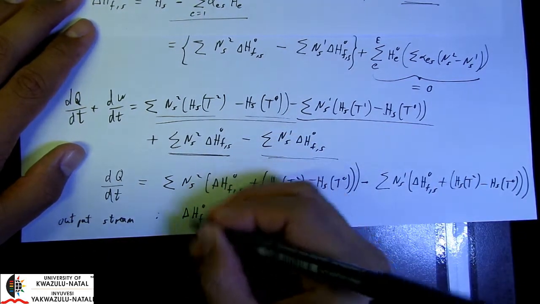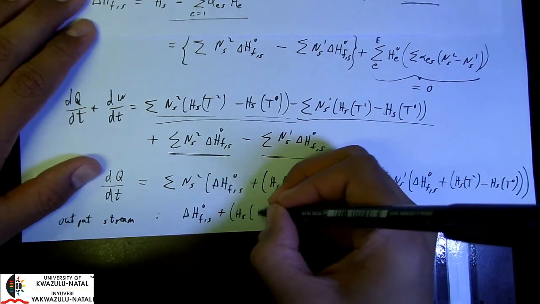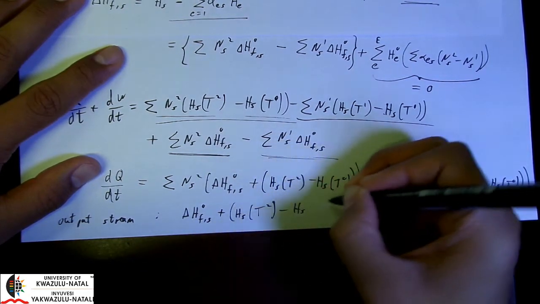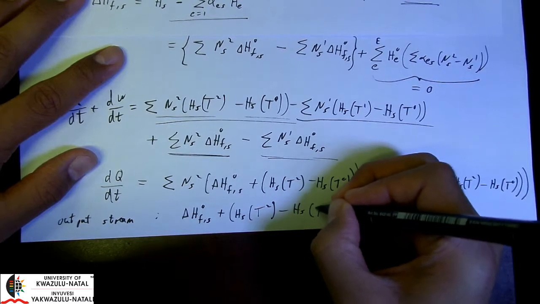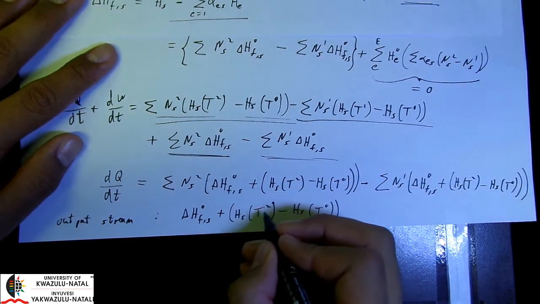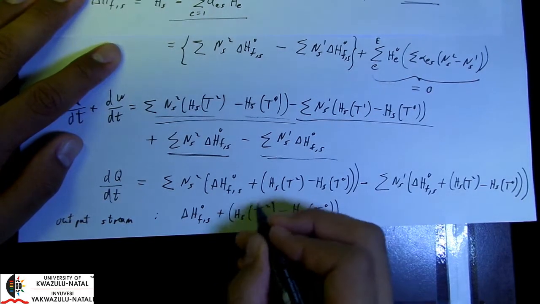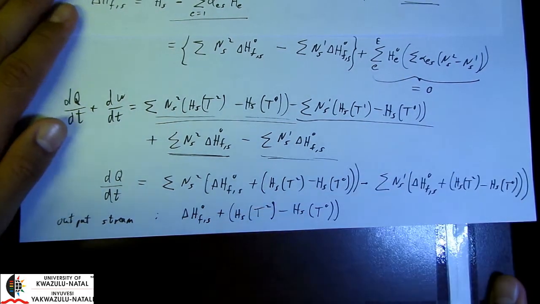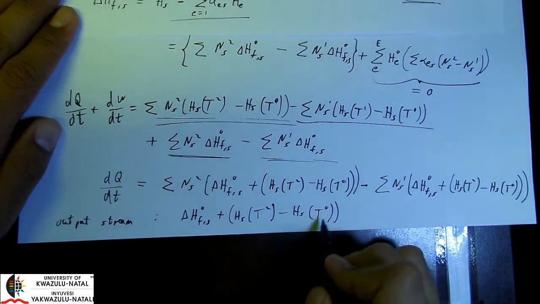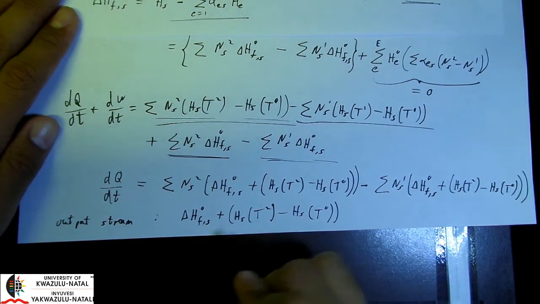So it's simply the standard heat of formation plus the enthalpy difference between the output temperature T2 and my reference T0. And my T0, of course, is equal to 25 degrees.